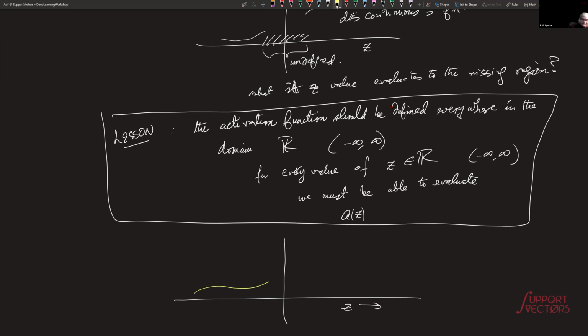And then at some point, doesn't matter where, it goes like this. What about this? We have a function defined everywhere, but it has a discontinuity.